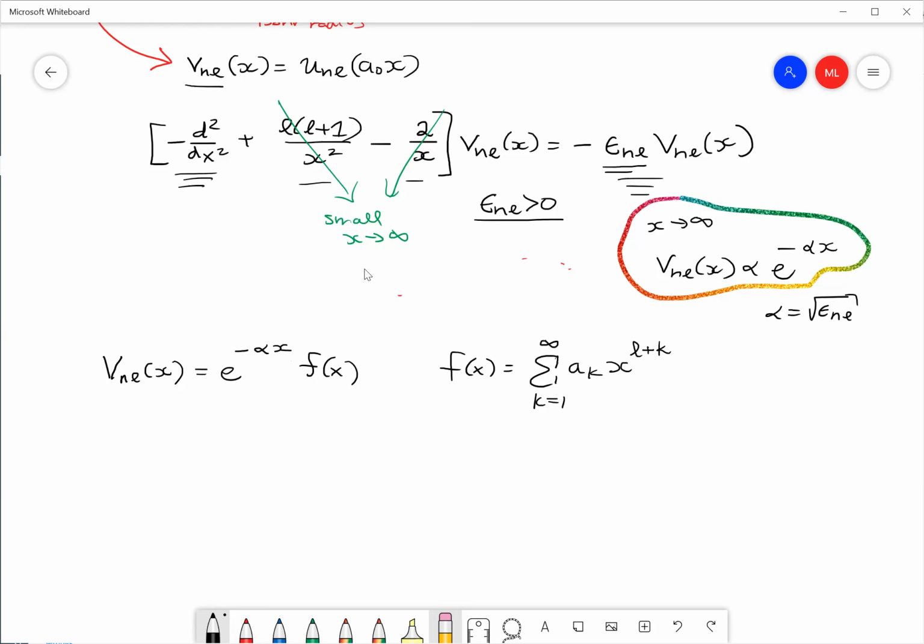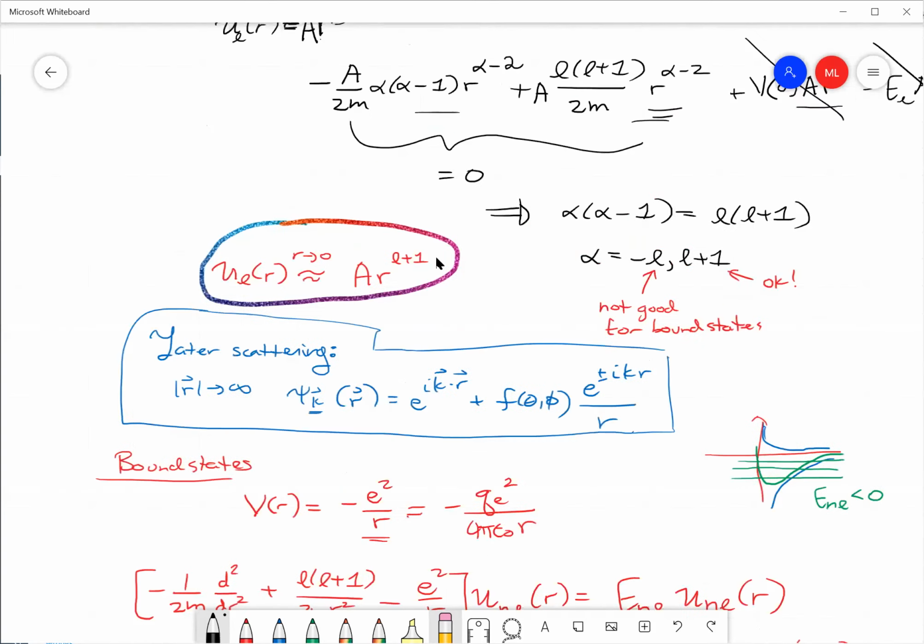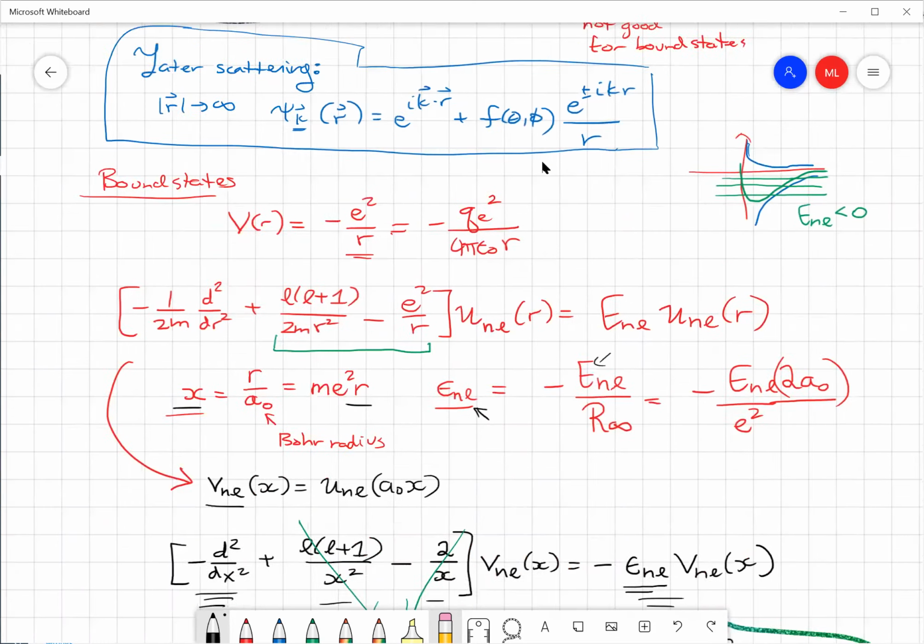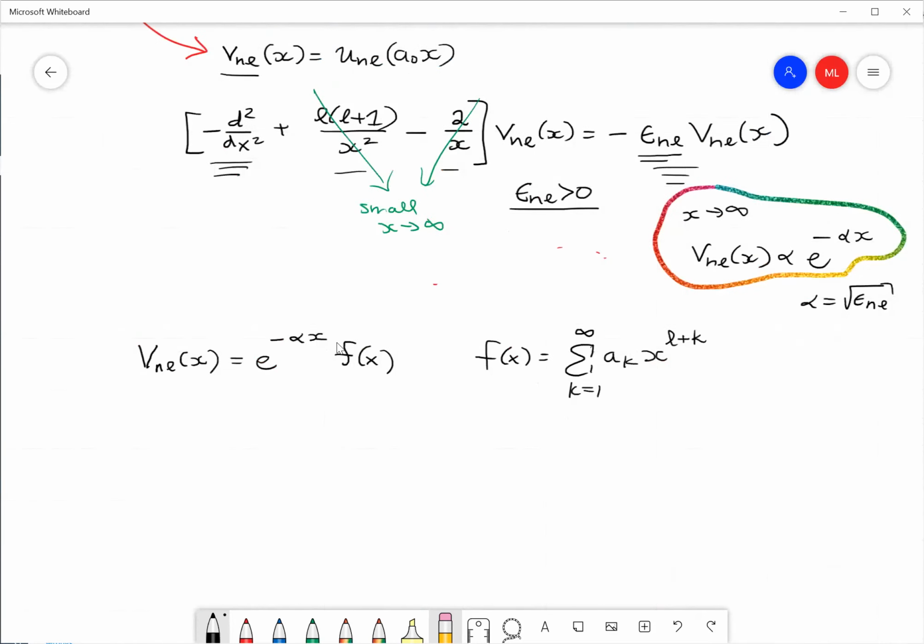We know that from the small x behavior. The exponential, of course, at 0 is just a constant. So the Taylor series of f is what's responsible for ensuring that v vanishes appropriately as x goes to 0 with power L plus 1 at least. And then it's a Taylor series, so you can have higher powers after that. L plus 1, L plus 2, those are all okay.